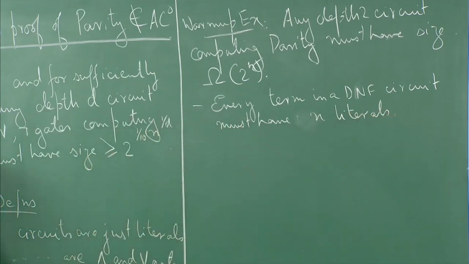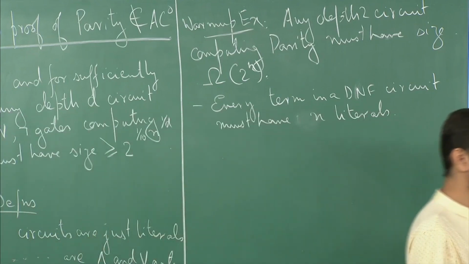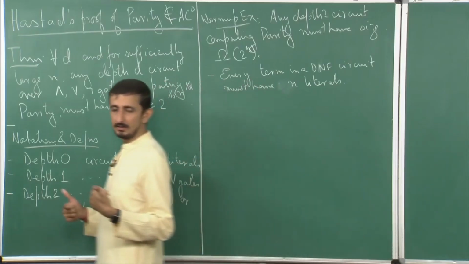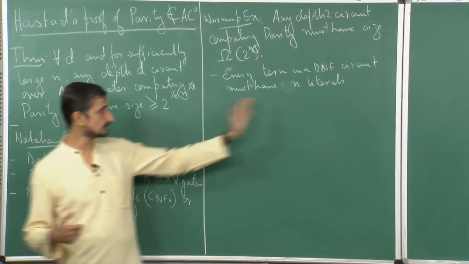Now, how many terms must be present to compute parity? The parity function is 1 on 2 to the power n minus 1 inputs.